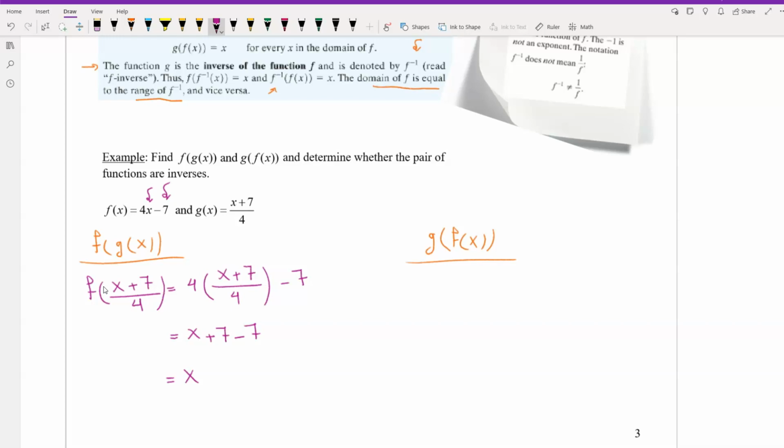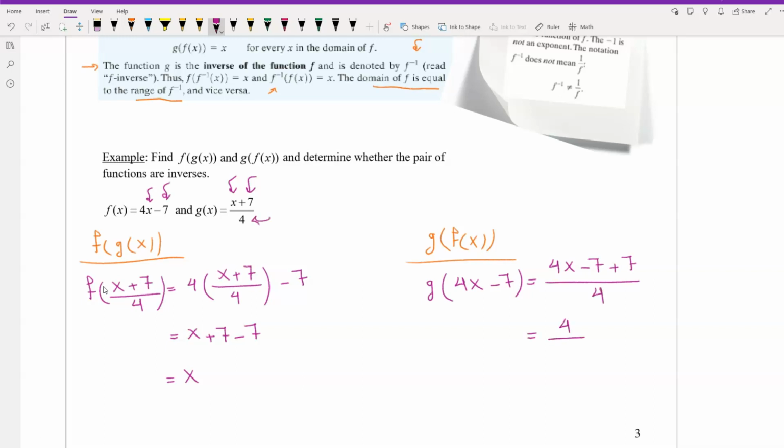And now what we have for g of f(x), so f(x) is 4x minus 7. Now using g, instead of x, we have to use 4x minus 7. So (4x minus 7 plus 7) divided by 4.